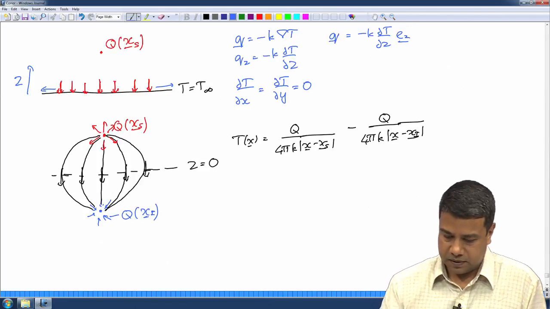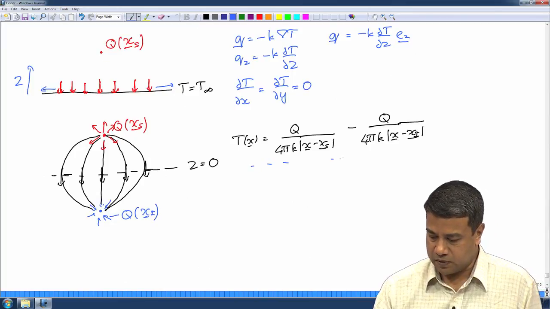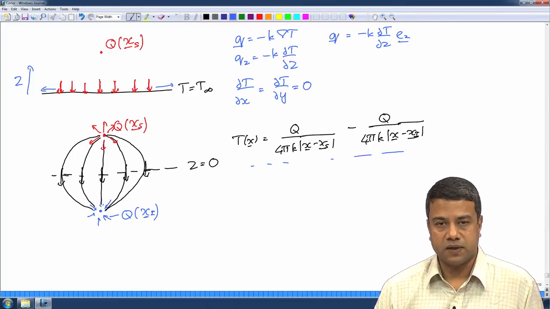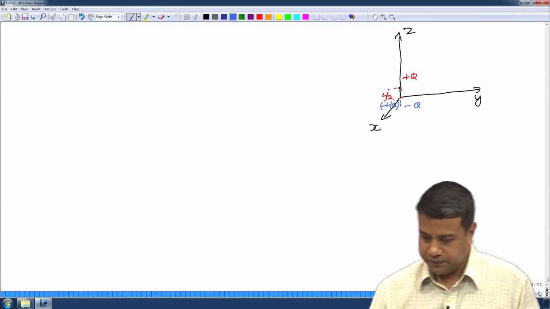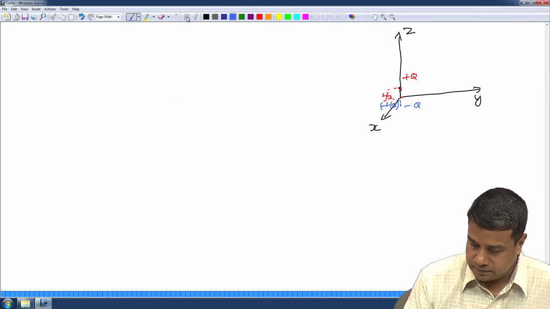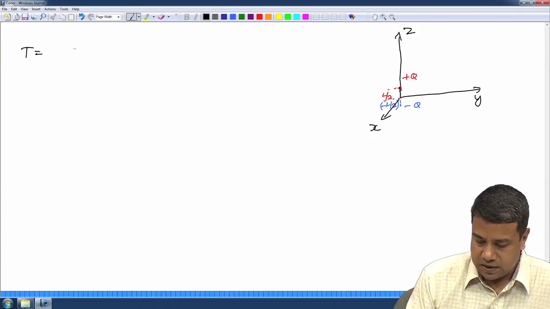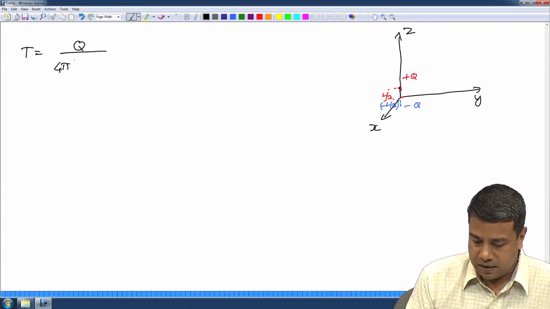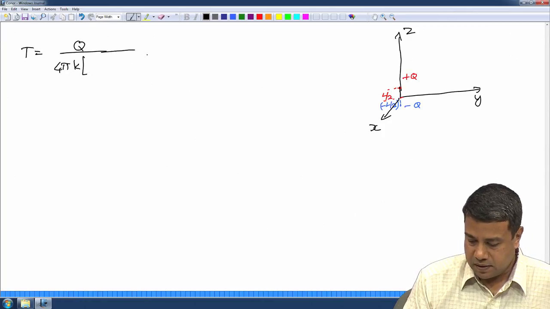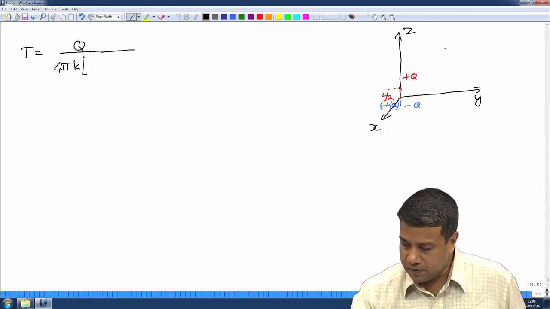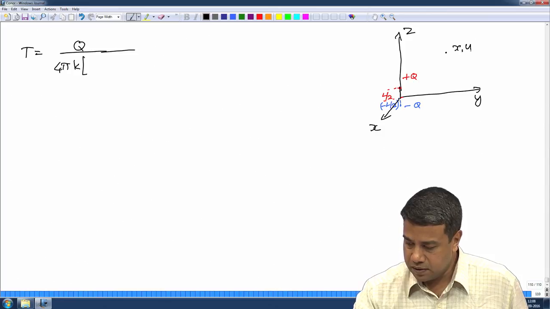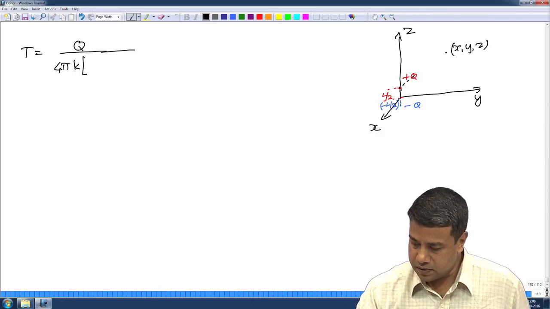What we need to do is to take a source and a sink and just superpose the temperature due to each one of them individually. In this configuration, since I have a combination of a source and a sink, the flux lines will be perpendicular to the mid plane between those two. So, therefore, the temperature is equal to q by 4 pi k into the distance between any observation point x, y, z, and the source location.